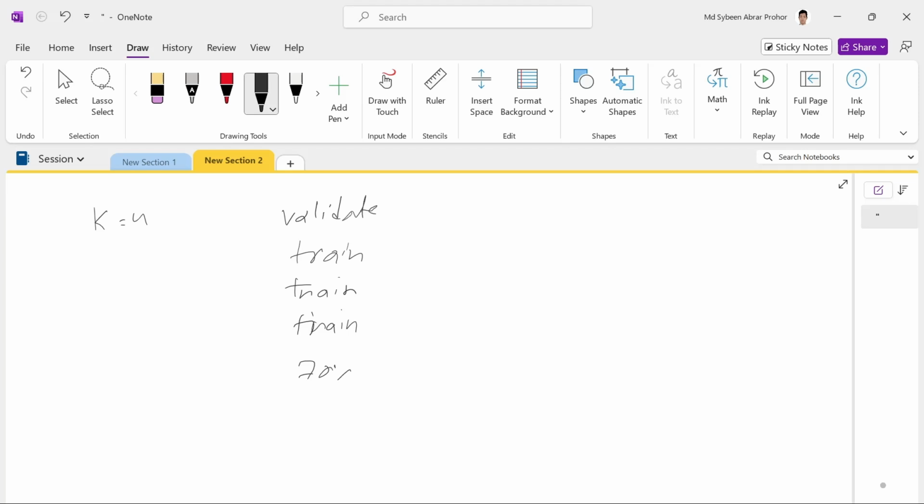After that, I will train the first, then validate the second, then train the rest of the data, and the accuracy would be 90%. And then train the first, second, and validate the third, and train the rest, the accuracy is 30%.